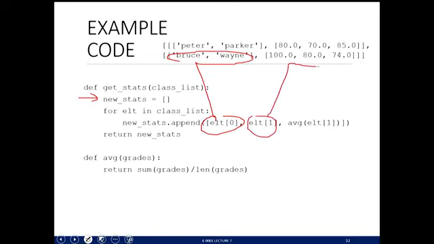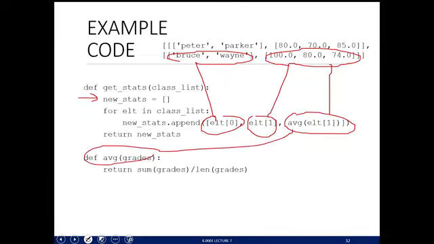Element at 1, which is the grades. And then the last thing I'm appending is a function call. The function call being called with element 1, which is all of the grades. And this is my function call. We're going to see 3 different function calls. Okay, this is the first one. It simply takes the sum of the grades and divides it by the length of the grades.